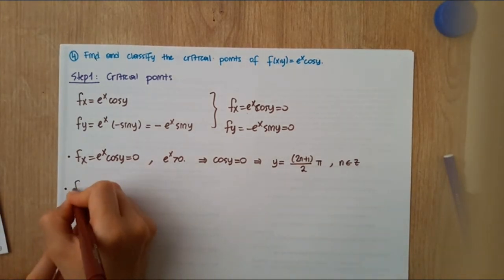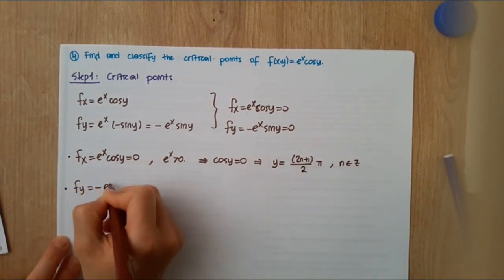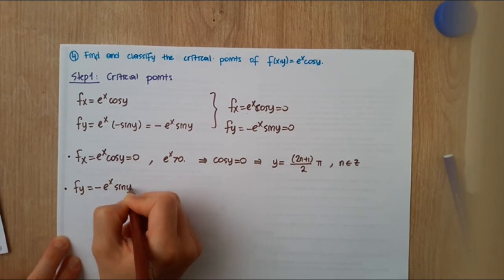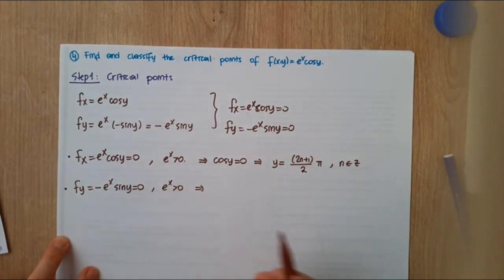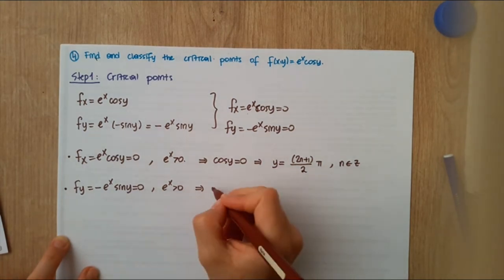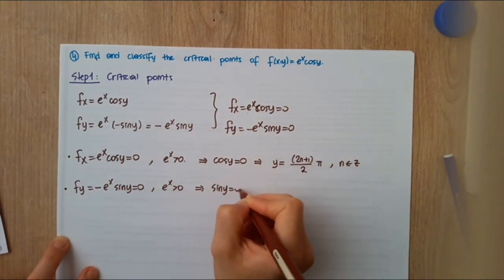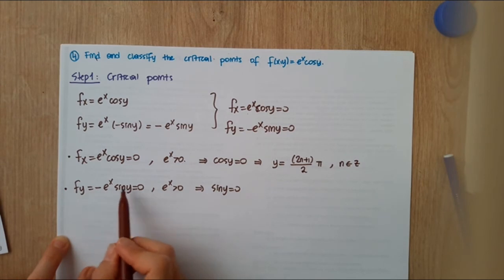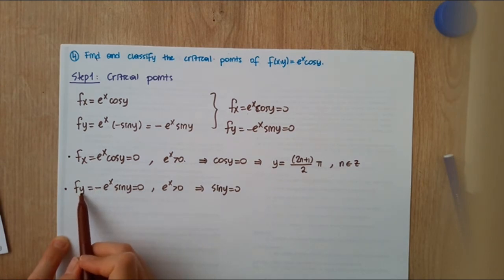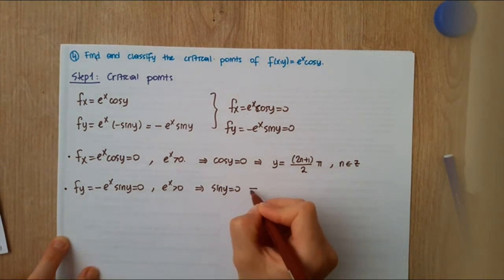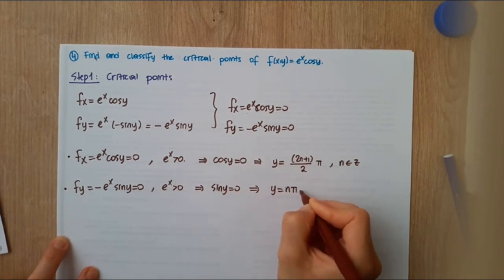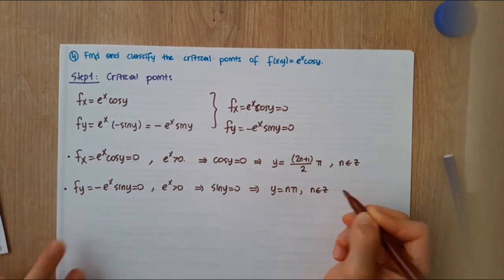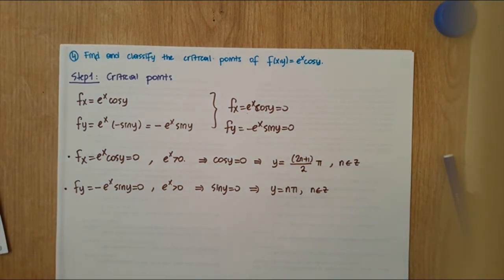Let's check the second function: minus e to the x sine y is 0. Again, e to the x is a positive number, so it can't be 0 at any point. It means the equation for the first derivative with respect to y being 0 requires sine y to be 0, so y is n pi this time: pi, 2 pi, 3 pi, minus 4 pi.